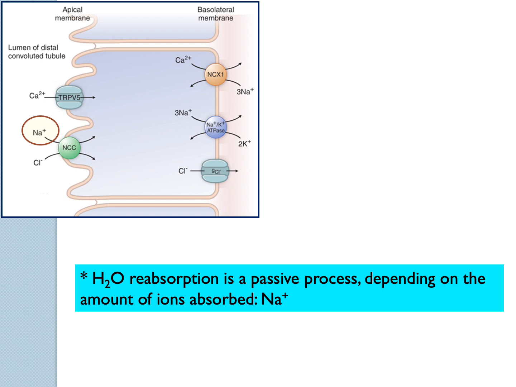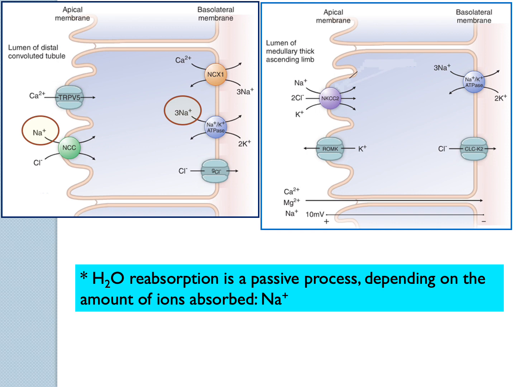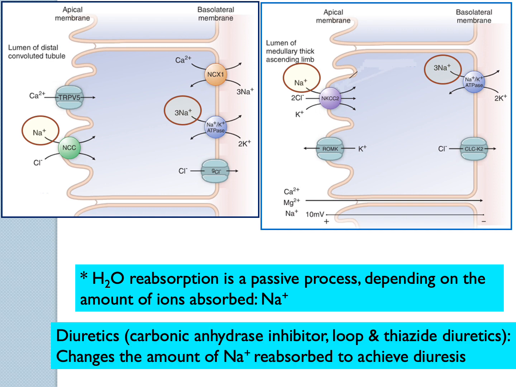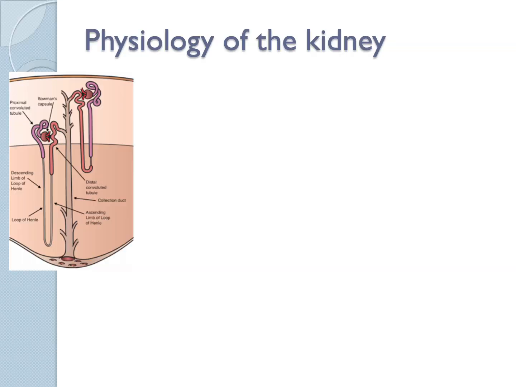The sodium will travel from one end to the other eventually, and this is another section, at the ascending limb. You can see there are different types of pumps again, and we'll look at the details later on. Again, to re-emphasize the point, water follows the sodium.